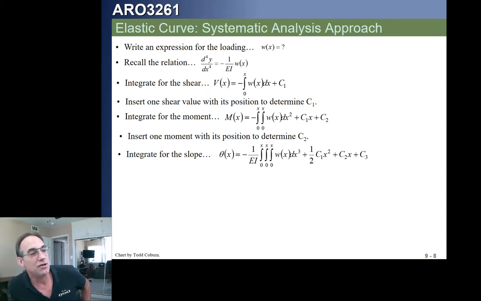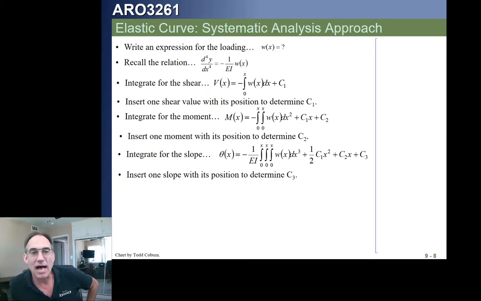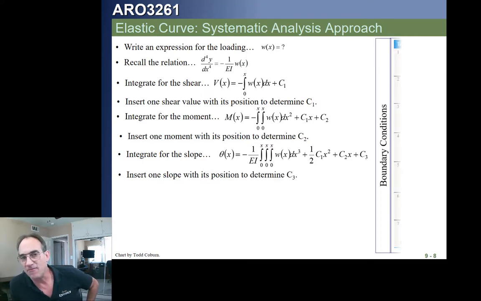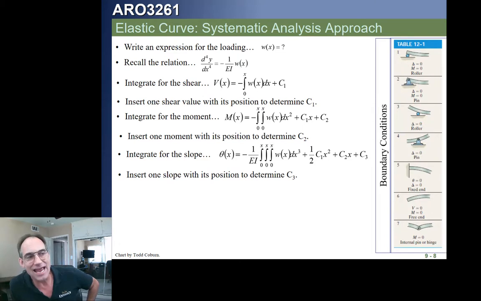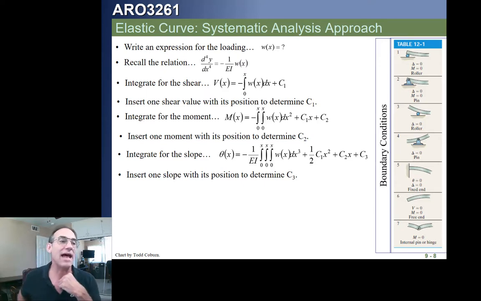And then what we could do is just integrate again, but we're going to find it convenient if there's any slope constraint on the beam, like a fixity. It usually will be easiest if you go ahead and impose that boundary condition now. That way we can solve for that C theta immediately.